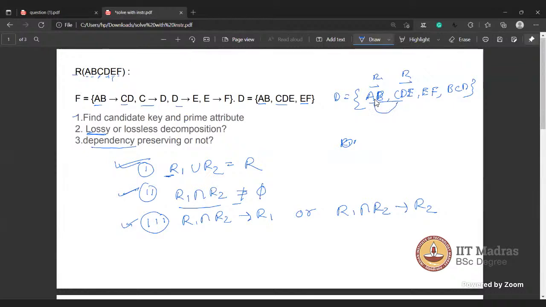But if you see this and this, there is a common attribute. Yes, sir. So the second condition means any one of the other decompositions would have a common attribute with R1. Yes. Okay, sir.